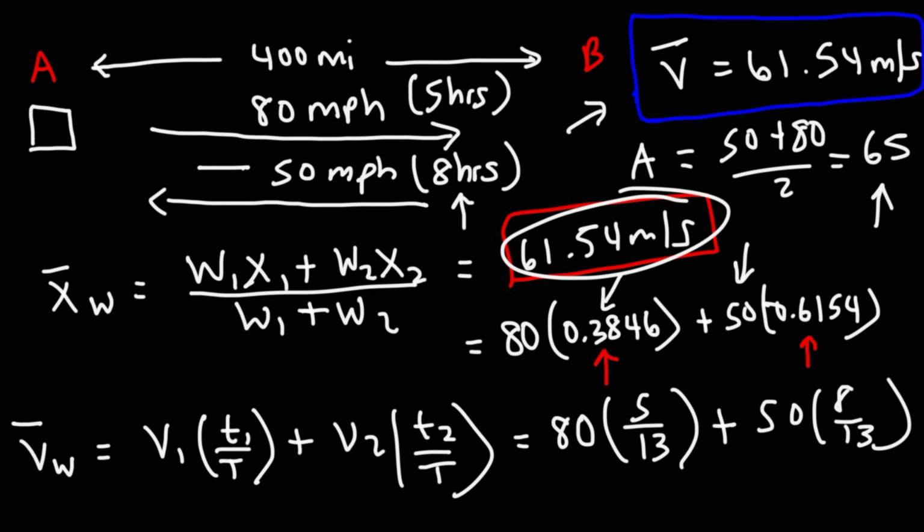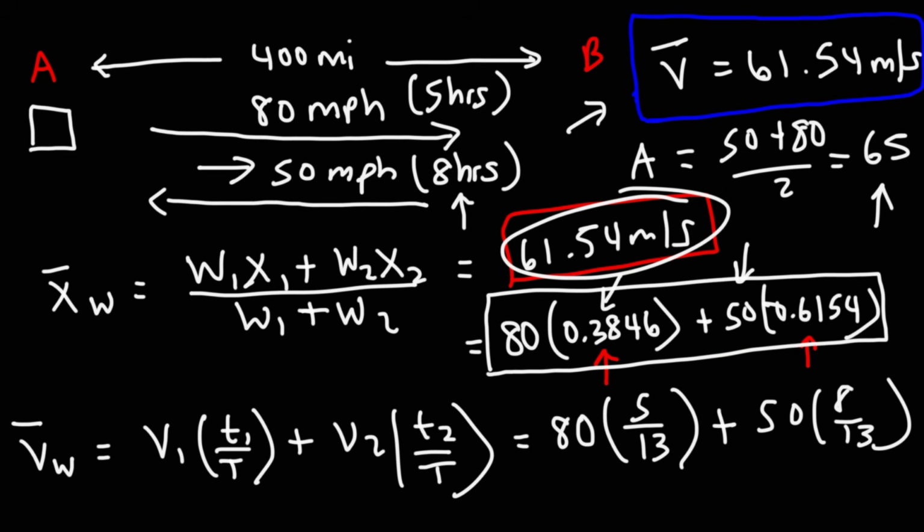That's why I wanted to express it this way, so you could see the percentage of the time at which the vehicle is going at the two different speeds. So 61.5% of the time it's going at 50 miles per hour, and 38.5% of the time it's going at 80 miles per hour. So the average is closer to 50 than 80.